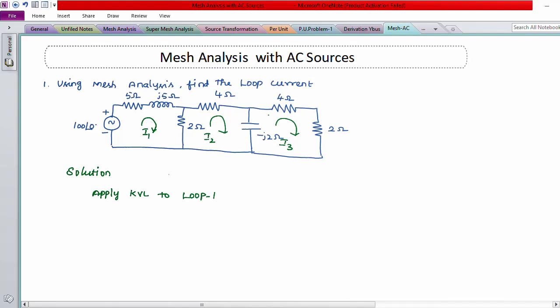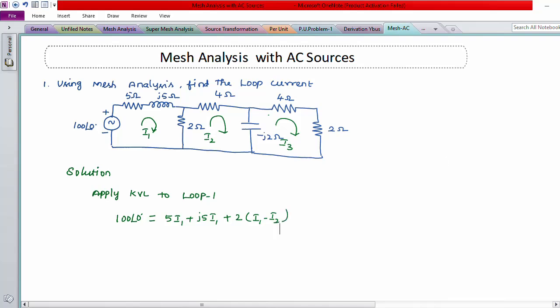The given voltage source and the assumed current direction are in the same direction, so the given voltage source is a voltage rise. So we can write the equation as 100 at an angle 0 equal to 5I1 plus J5I1 plus 2 into (I1 minus I2).